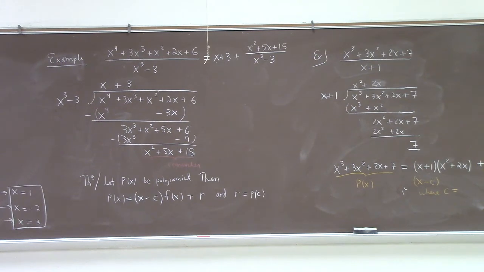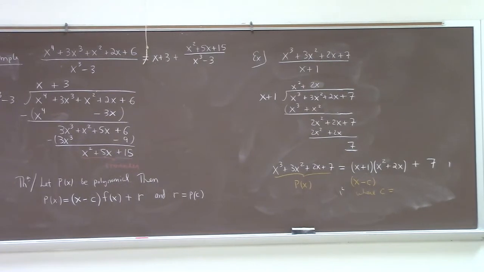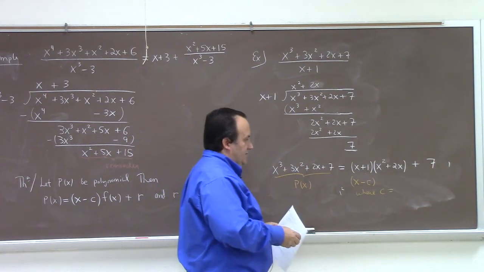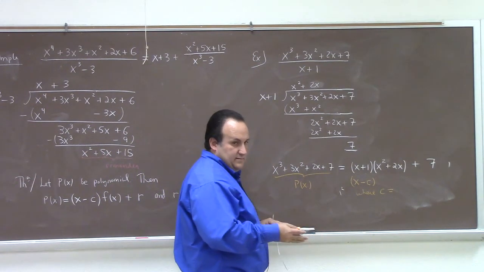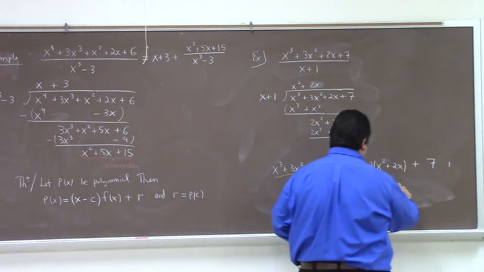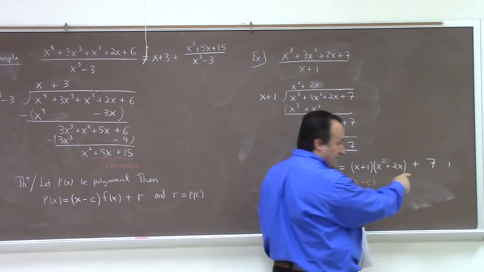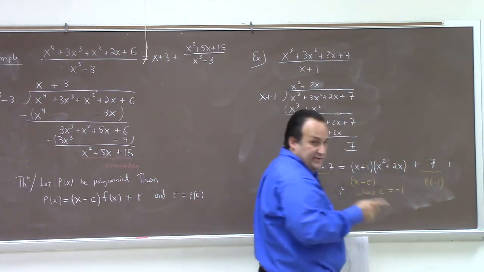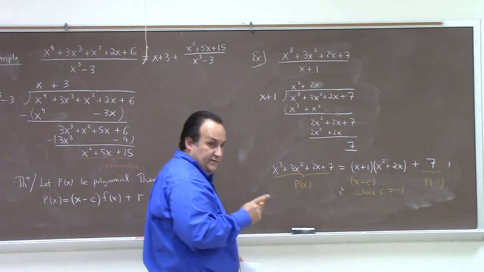Got to match the pattern here. C would be not 1, but minus 1, if I want to match the minus. So this 7 allegedly should be p of minus 1 if we believe the remainder theorem.